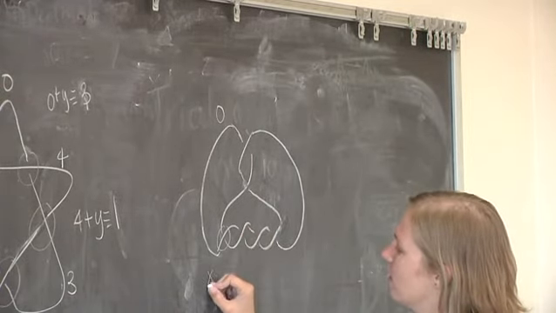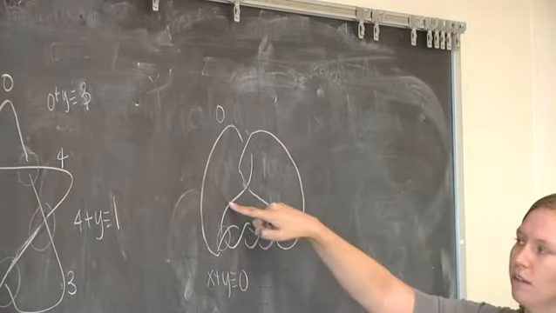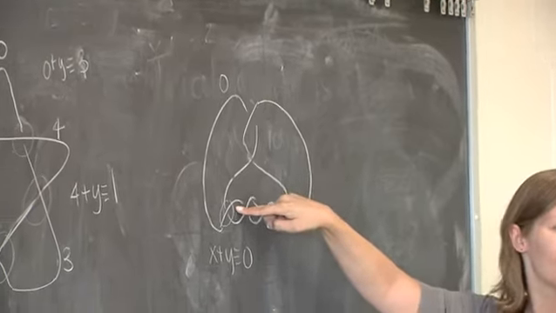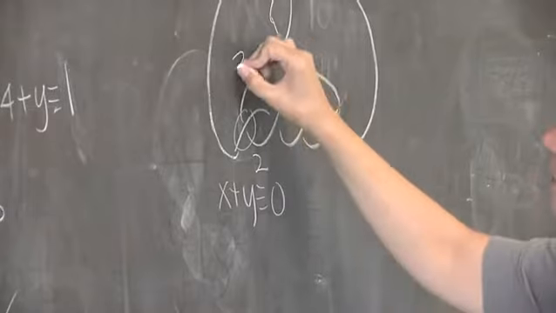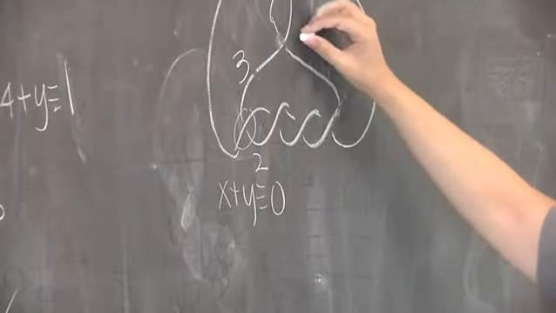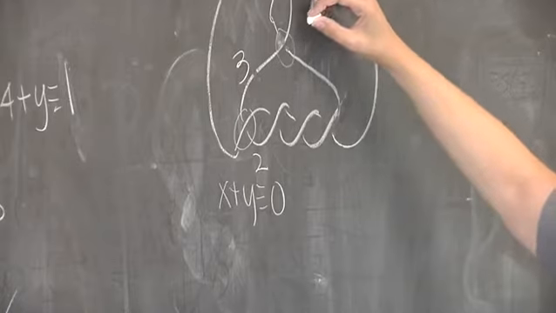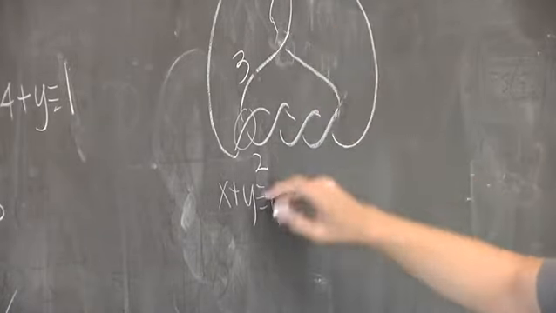So we have x plus y congruent to 0. So do you want 1 and 4 or 2 and 3? 2 and 3. Okay. So let's go to this crossing. Oh, we don't have enough information there yet. We have to go down the line here.